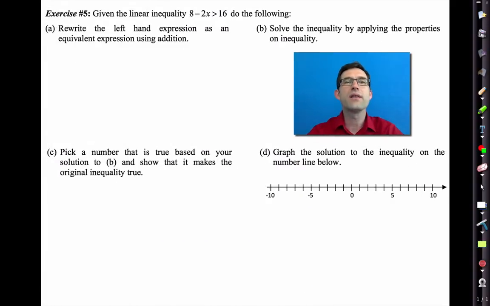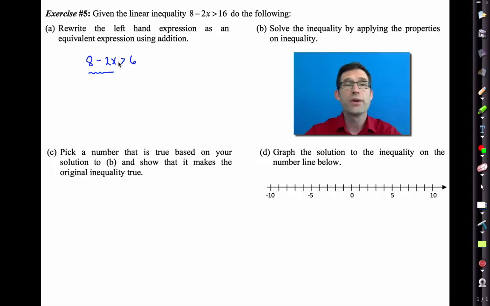Exercise 5. Given the linear inequality 8 minus 2x is greater than 16, do the following. Rewrite the left-hand expression as an equivalent expression using addition. Keep in mind that any time you are operating just on one side of an inequality or an equation, the properties of equality or the properties of inequality have nothing to do with it.